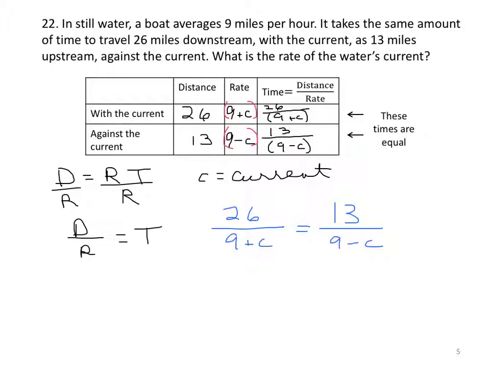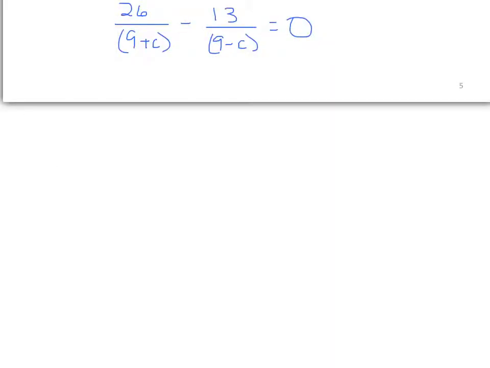You can subtract from both sides the 13 over (9 minus c). So you have 26 over (9 plus c) minus 13 over (9 minus c) equals 0. The least common denominator is going to be (9 plus c) times (9 minus c).